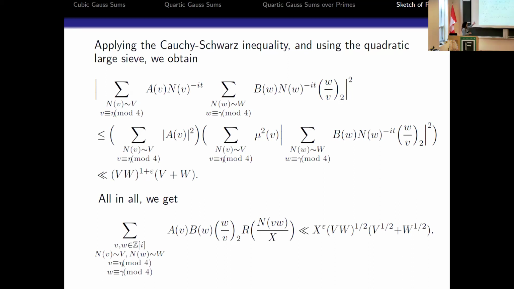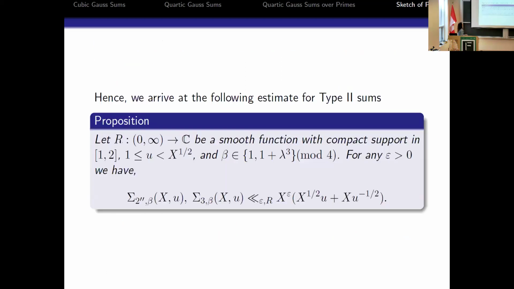This is the innermost sum in the type 2 sum. And putting things together, we get this estimate for our type 2 sum. Then you can see that this parameter u, you could choose anywhere up to x, but really we're going to go up to x to the 1/2.